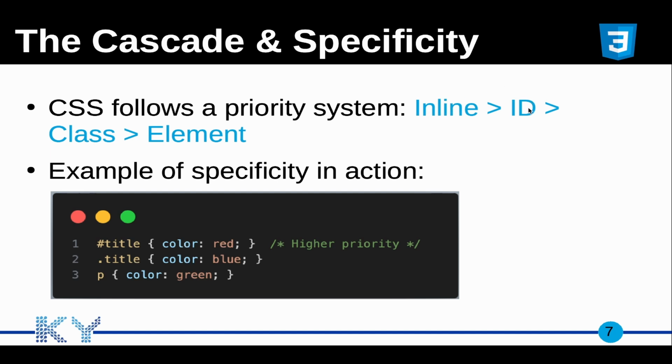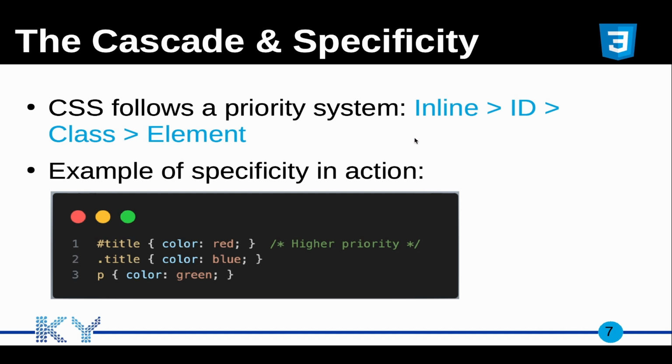Same goes for the ID. If I declare a rule within an ID, for instance, now I take an ID of title and I declare a rule of color red, and then I give that same HTML element a class of whatever I want, maybe a class of title like here, and I change the color to blue, it would not work, because CSS gives the ID a higher specificity than the class.